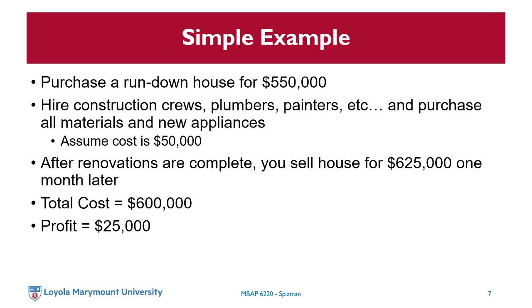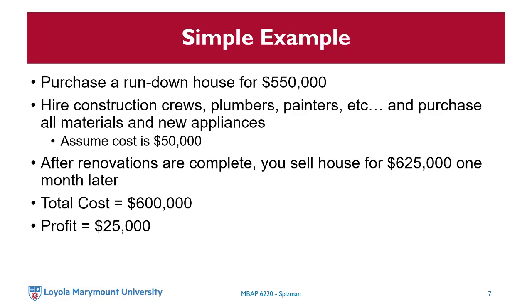I always like to think of a very simple example that is obvious, but gives you the flavor for what we're really trying to do here. Suppose you purchase a rundown house for $550,000. You hire all the workers to fix it up, you buy new appliances, etc. The cost of doing so is $50,000. So all told, you spent $600,000.